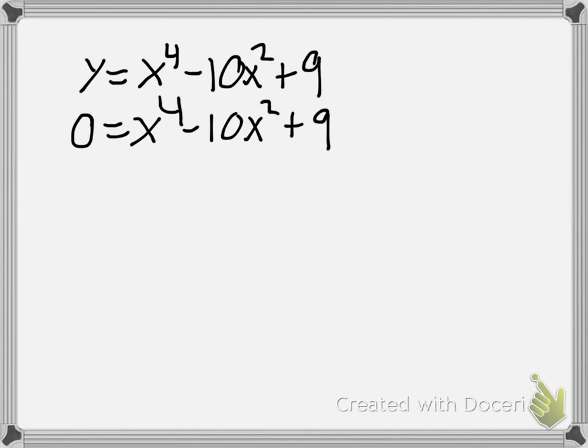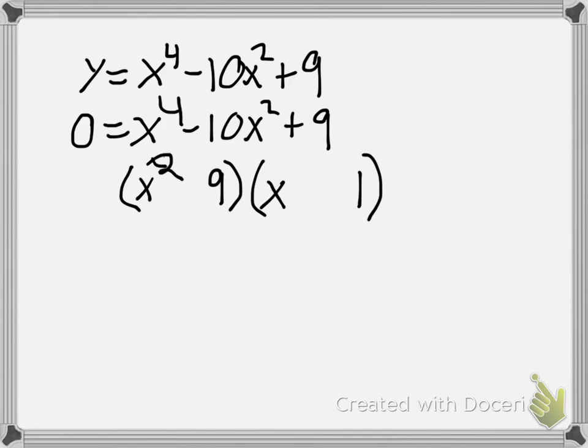But anyway, factor this. The only way I'm going to get 10 is by using 9 and 1. So I got 9 and 1. Got x squared and x squared. Okay, and this is going to be a negative and a negative. And then the rest is just straightforward.